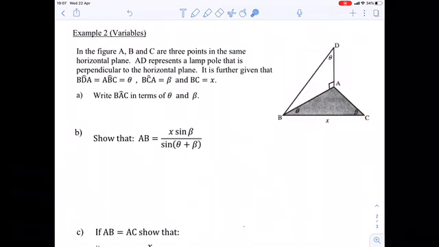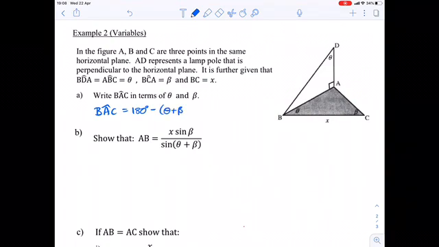Write BAC in terms of theta and beta. So we're not looking for the answer for angle BAC, but what we are looking for is some way to express this angle. And if we've got angles inside a triangle, we know they add up to 180 degrees. So therefore BAC is going to be 180 degrees minus the sum of the other two angles, which is minus theta plus beta.